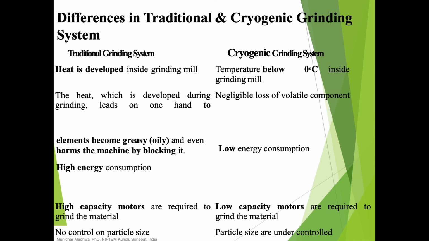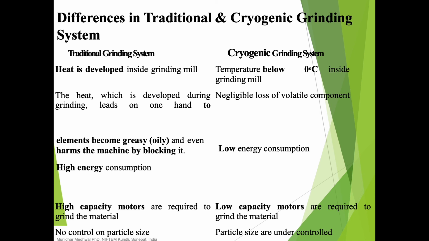So this is showing a comparison between traditional grinding and cryogenic grinding. In traditional grinding, there is a lot of heat generation inside the grinding mill, whereas cryogenic grinding operates at very low temperature, less than 0 degrees Celsius. In the traditional system, the heat developed during grinding leads to some problems, maybe release of greasy oils, which may lead to blocking, whereas there is no loss of volatile components.